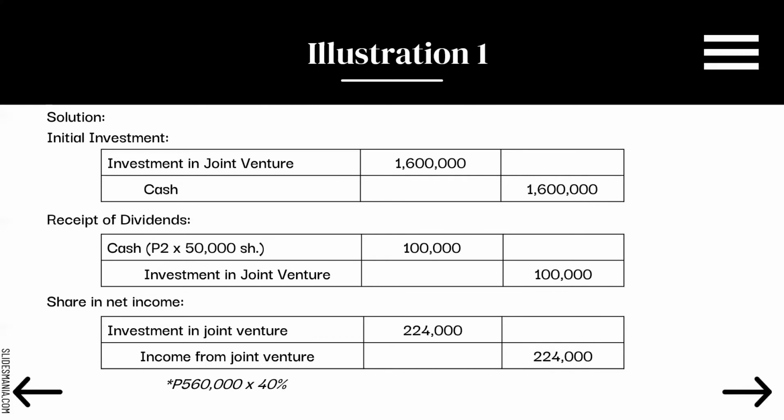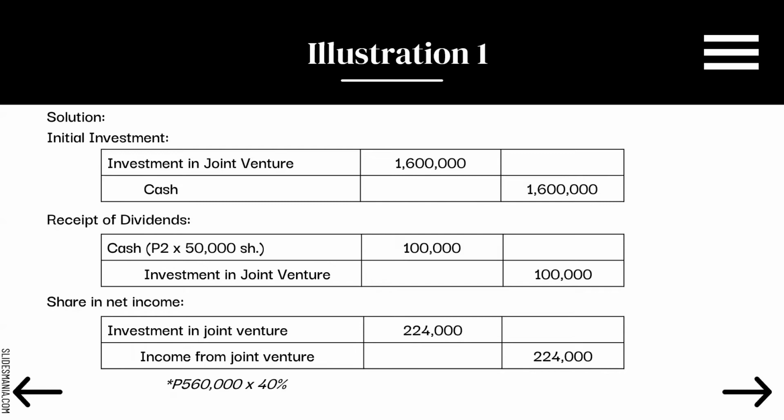So, sabi natin, di ba, pag joint venture, definitely it is accounted for under the equity method. So, pag equity method, ang entry mo kapag initial investment is debit to investment in joint venture and credit to cash for 1.6 million.